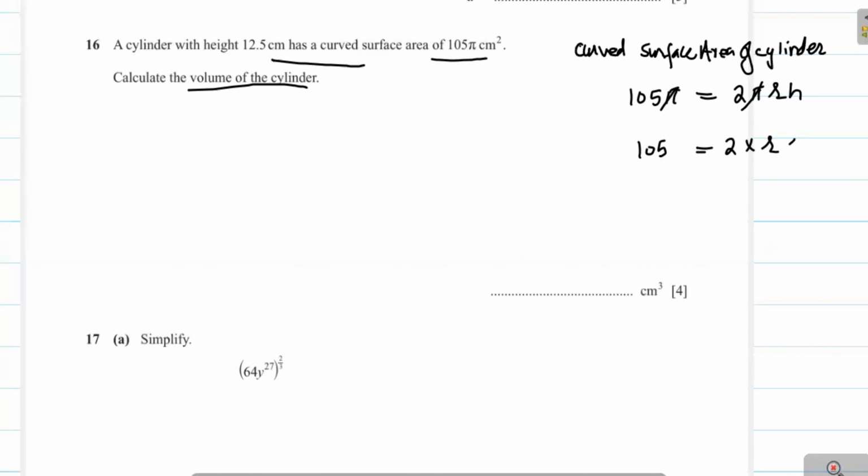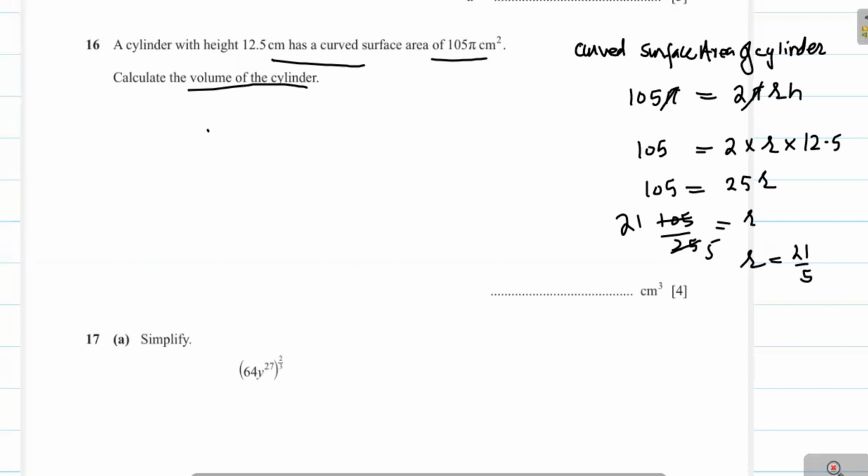We have to calculate the radius firstly. Next to it, the height here is 12.5. Now we can write 12.5 into 2 is 25 r equal to 105. Now r will be equal to 105 over 25. Now 5 times 5 is 25, 5 times 21 is 105. Therefore, radius equals 21 over 5.